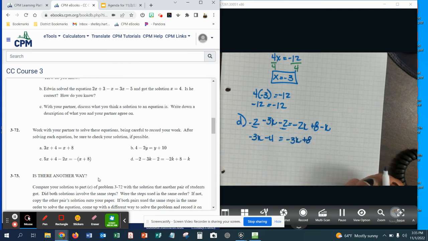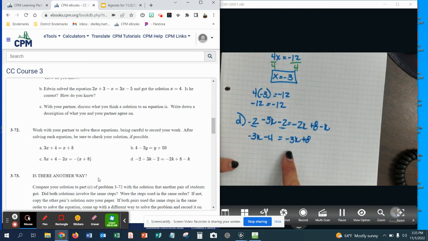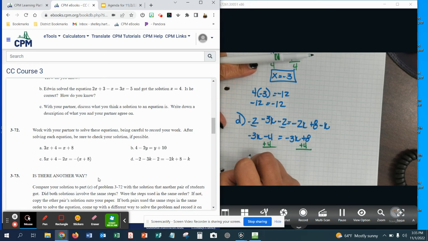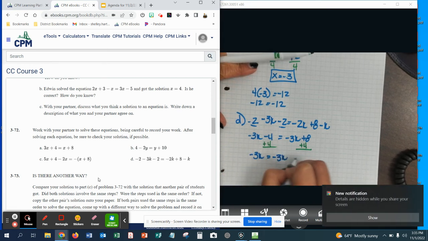Now, here's what you're looking at here. You have two 3k's, but this 4 and this 8 don't match. But let's just keep solving. If I move this over here, I now have negative 3k equals negative 3k plus 12, right?